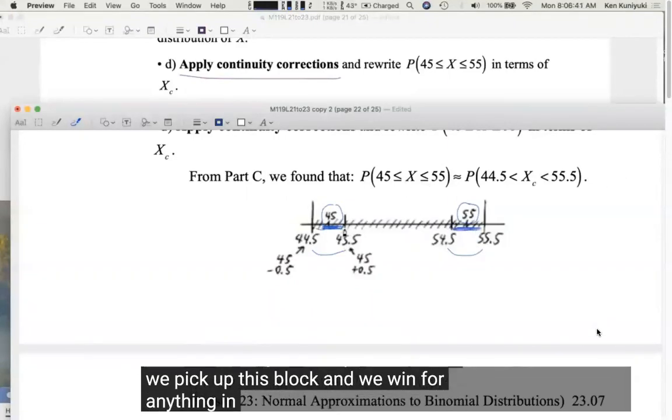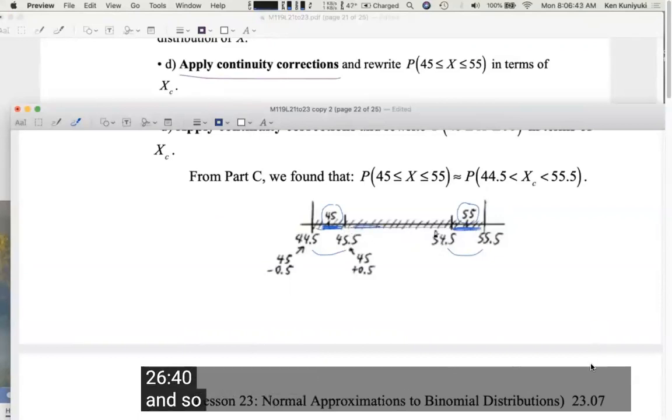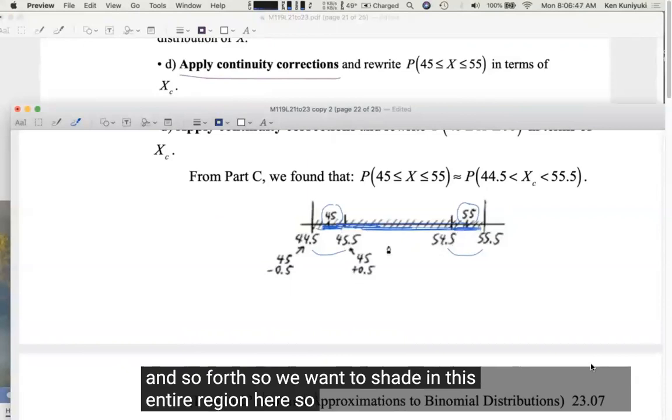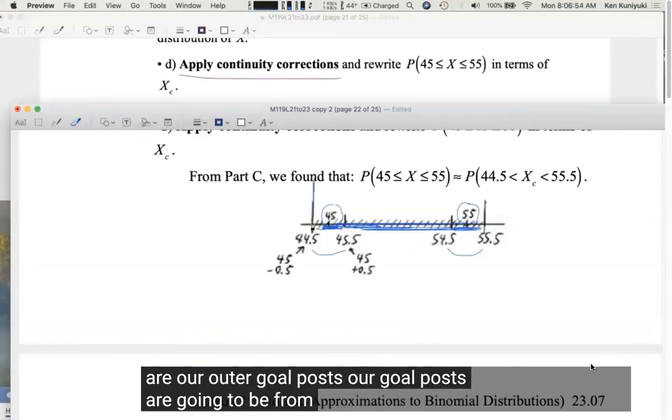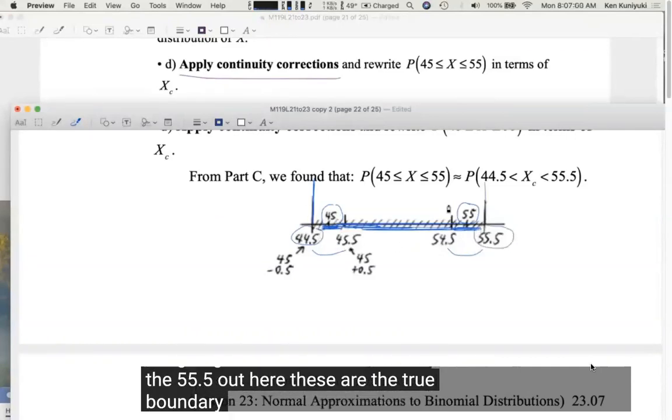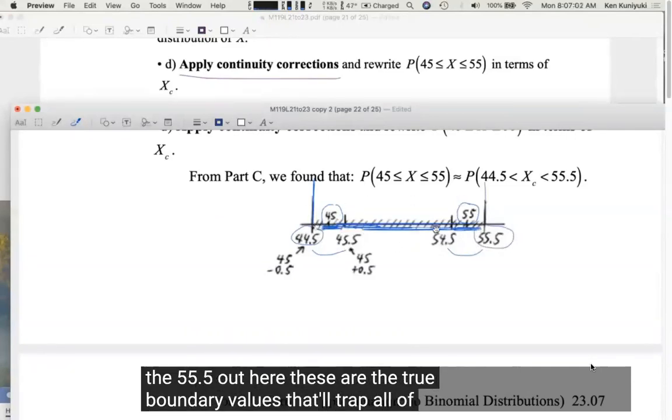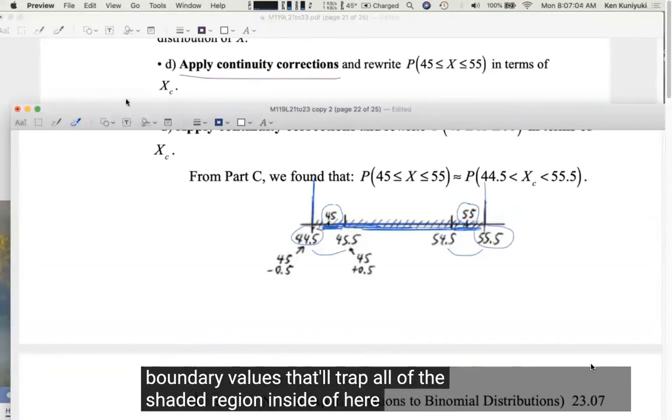And we win for anything in between, 46, 47, and so forth. So we want to shade in this entire region here. So ultimately, what are our outer goalposts? Our goalposts are going to be from 44.5 out here to 55.5 out here. These are the true boundary values that'll trap all of the shaded region inside of here.